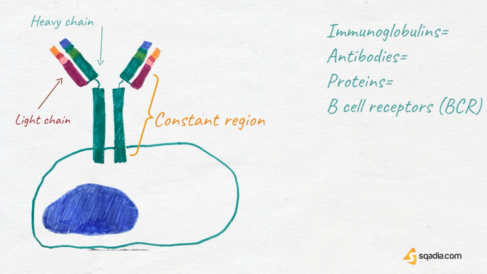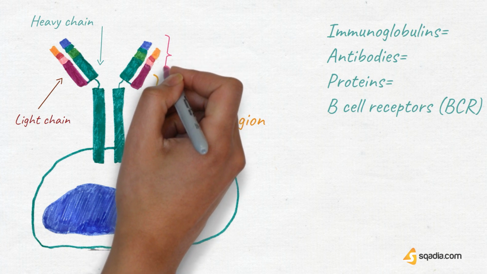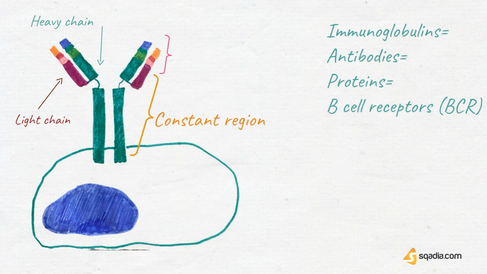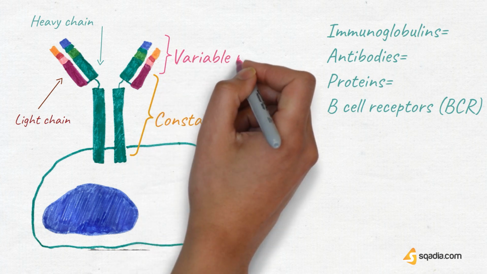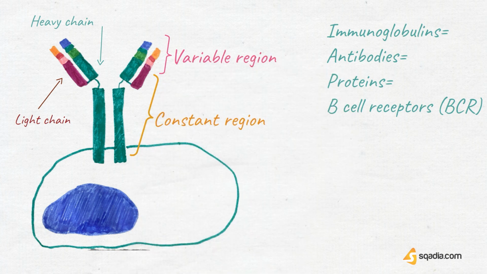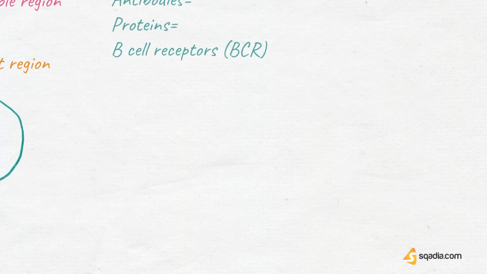Every heavy and every light chain contain also a region with amino acids that change their order all the time, and so this is called the variable region. This is the most exciting one because the unique order of amino acids for a specific antibody makes it capable of binding to a very specific antigen.